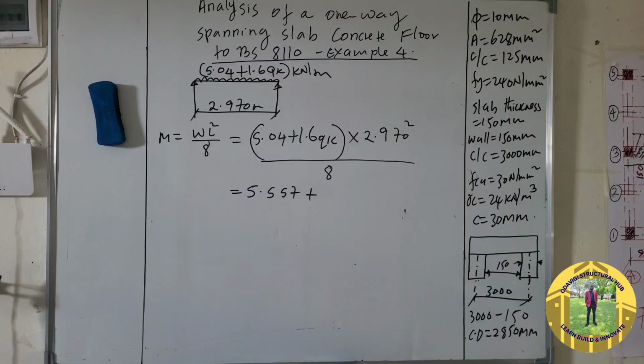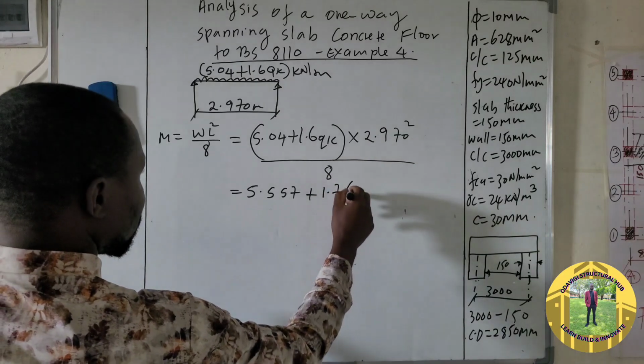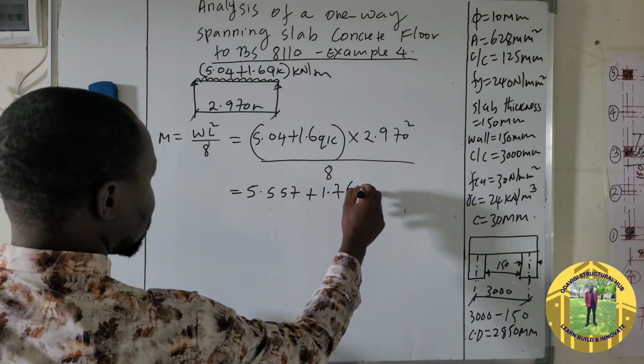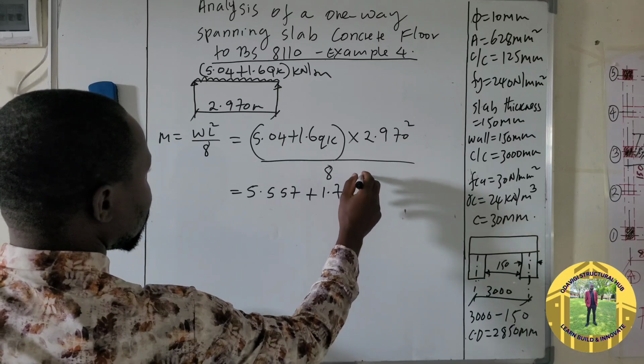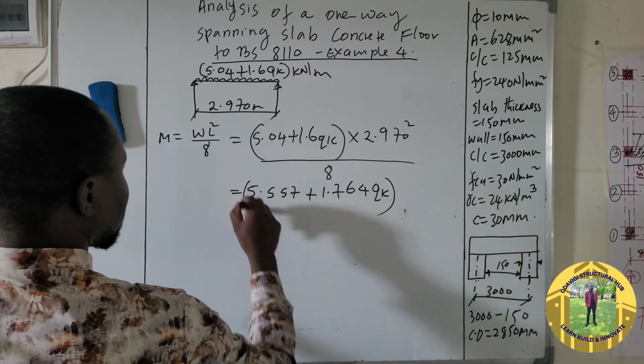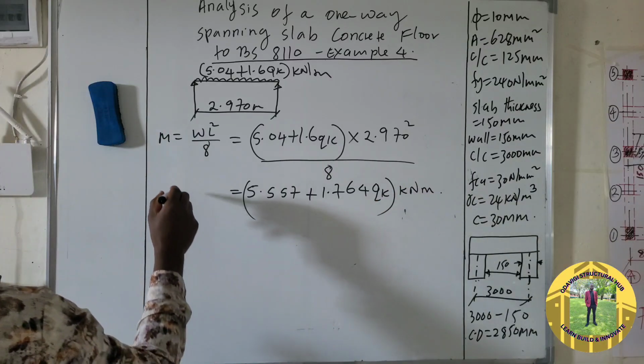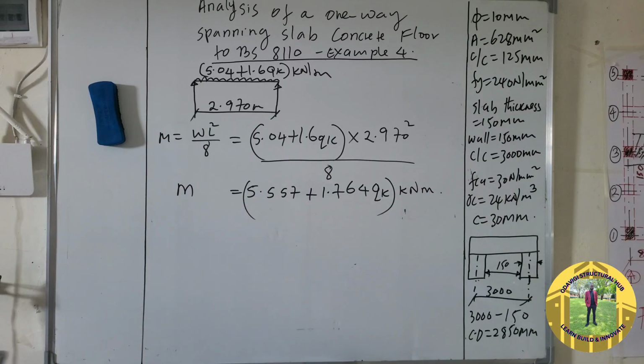You will get 1.764 QK. And remember, this is in kilonewton meter. So this is our M.